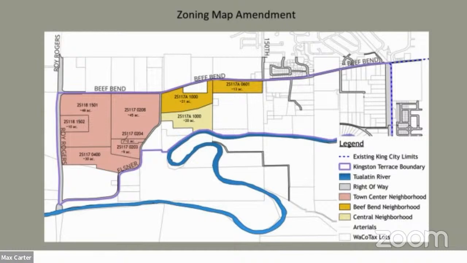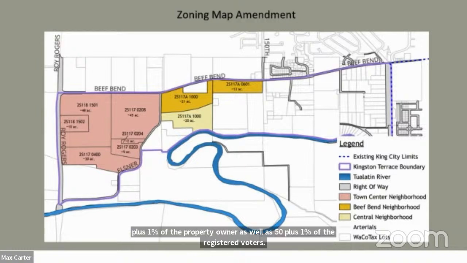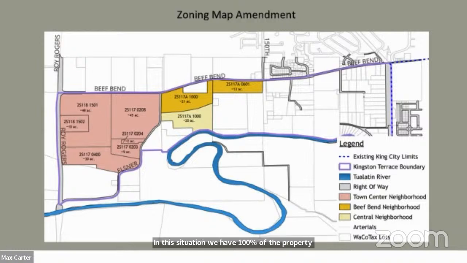So, the annexation process is for a double majority. A double majority annexation requires that we provide 50 plus 1% of the property owners, as well as 50 plus 1% of the registered voters. In this situation, we have 100% of the property owners, and about 80% of the registered voters in the area.